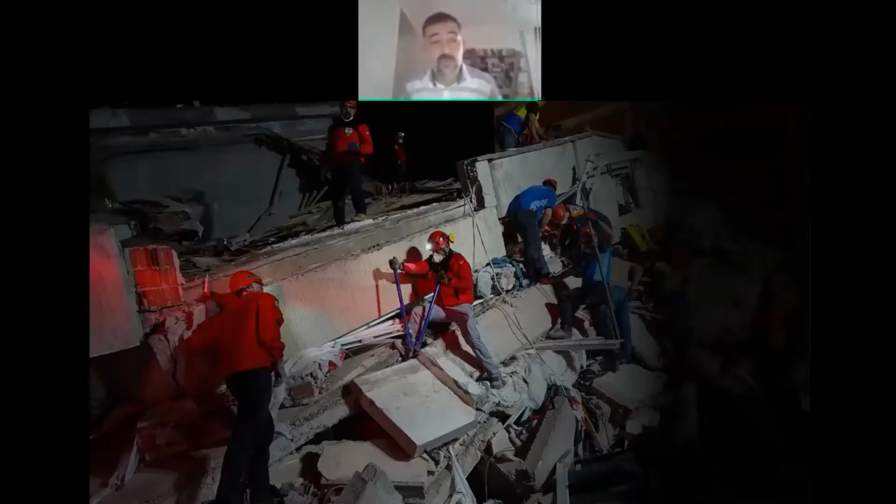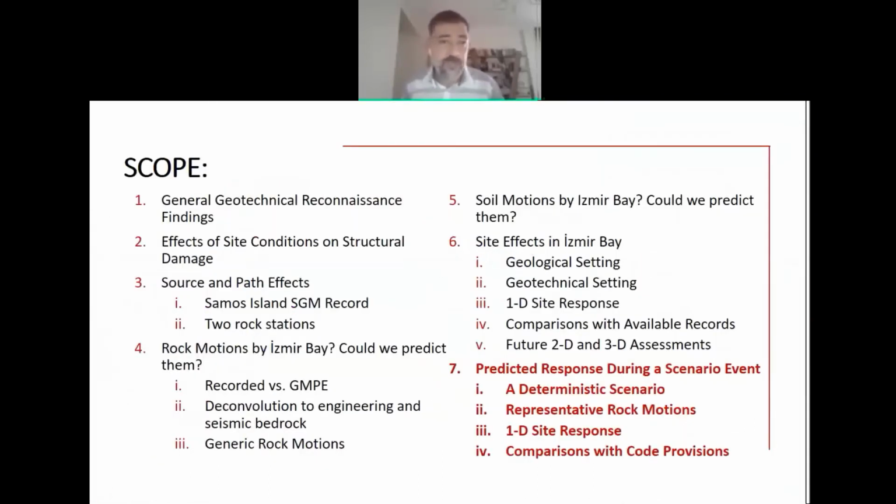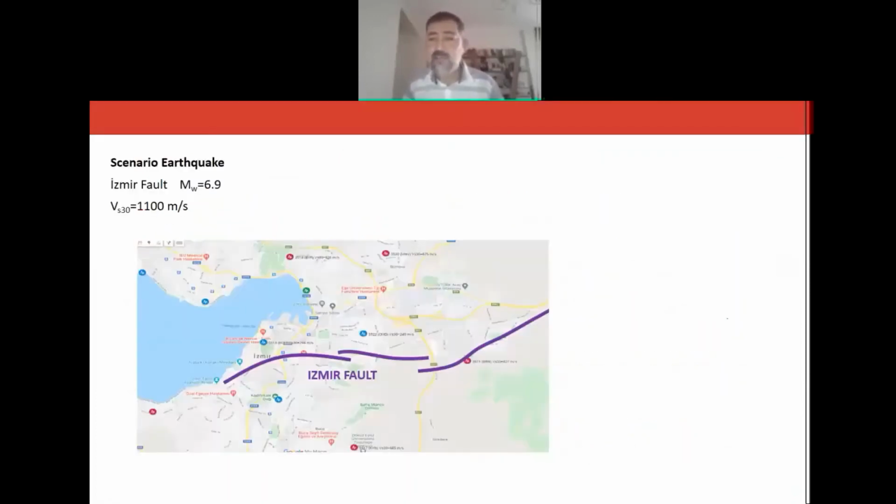So structural damage is another issue. But what I'm talking about is increased seismic demand due to soil and rock site effects. Having said that, to understand the basin effects, we're working on 2D and 3D assessments, which are on our way.